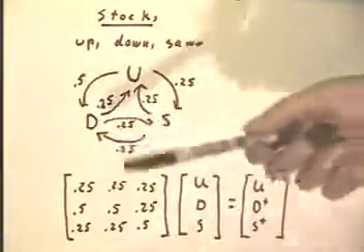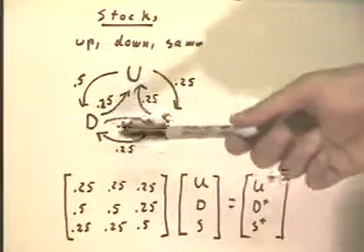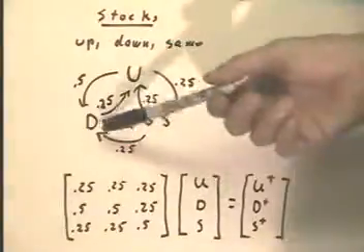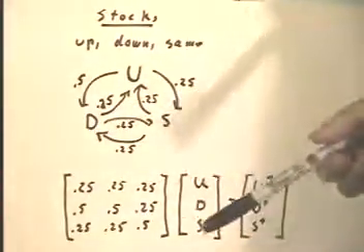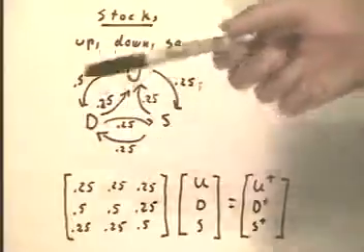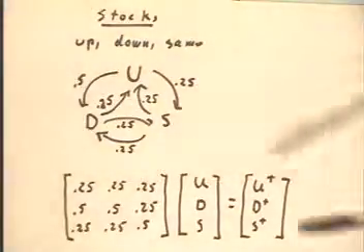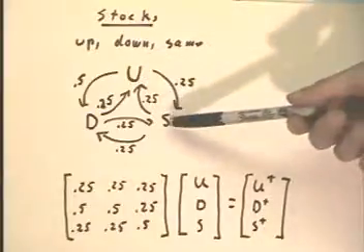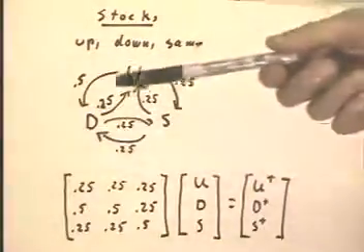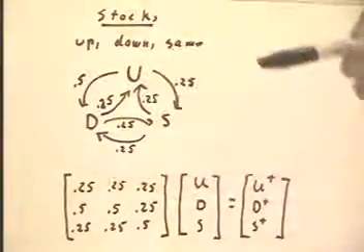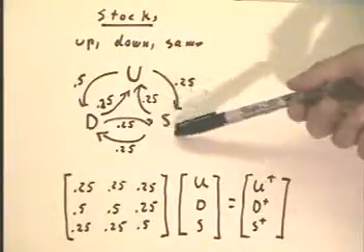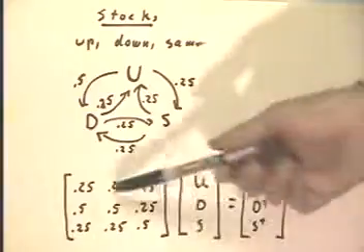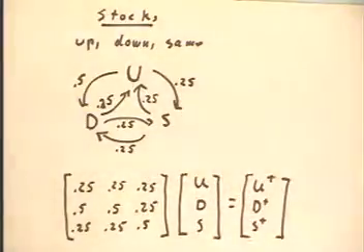If you know for sure that you're down today, then there's a 25% chance you'll be up tomorrow and a 25% chance that you'll be the same tomorrow, leaving you a 50% chance that you'll be down again tomorrow. And if you're the same today, there's a 25% probability you go up and a 25% probability that you go down, leaving a 50% probability that you remain the same. Then we get the following transition percentages.